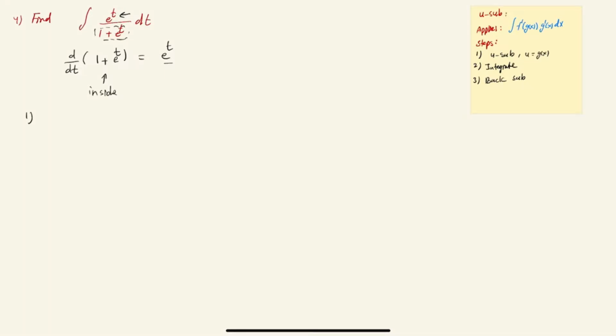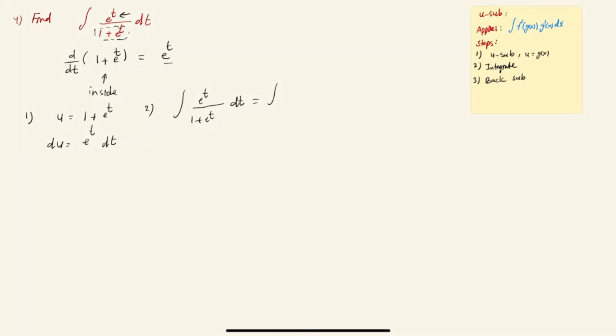Therefore, the first step, u of t, is going to be equal to 1 plus e to the t. Then du is going to be equal to e to the t dt. Now in the second step, I'm going to rewrite our integral.